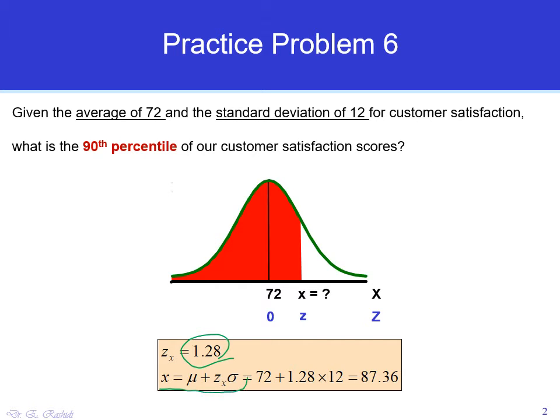If you plug it in this formula, we get mu, which is 72, plus 1.28 multiplied by 12, which is the standard deviation, and we get X equal to 87.36. So we would expect 90% of customers to give us a satisfaction score less than 87.36.